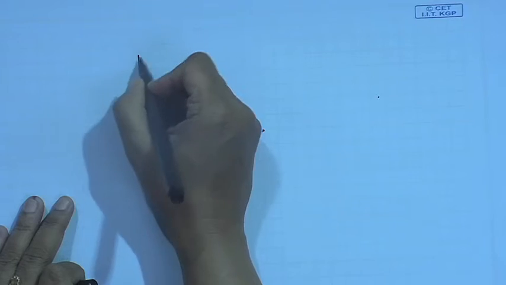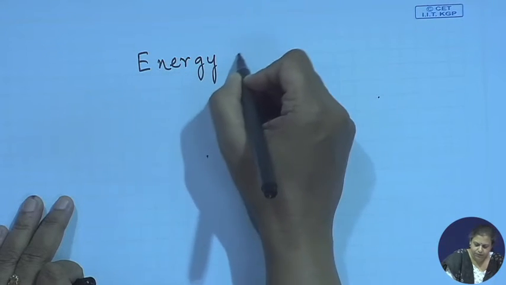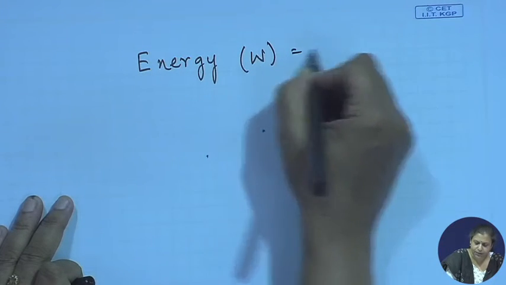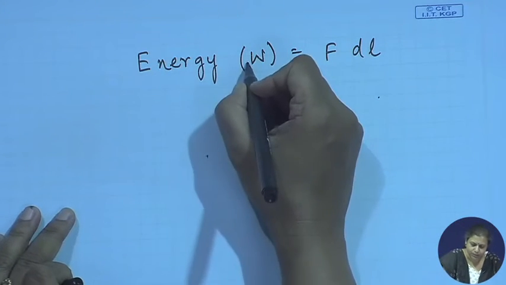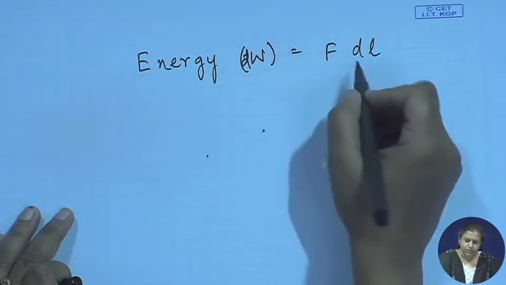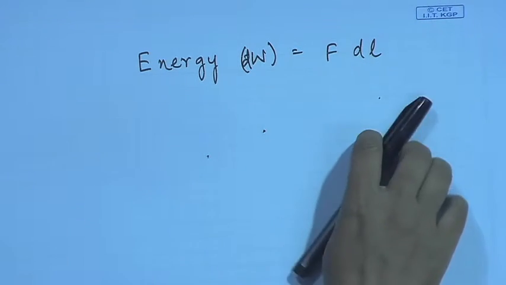In physics also you have learnt that the work done, dW, is equal to F into dl. It is force into displacement.